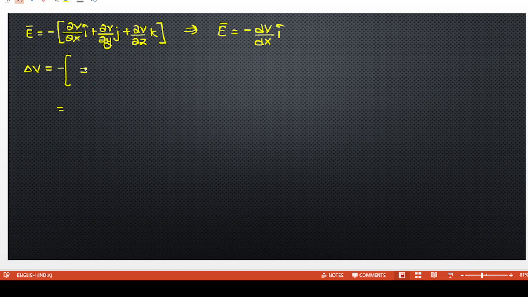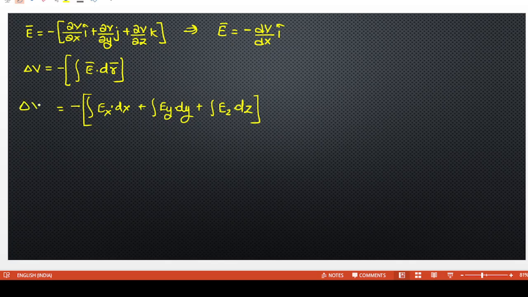You can write this as minus integral of E bar dot dr bar, and then E bar can be replaced as Ex into i, Ey into j, Ez into k, and dr bar can be replaced by dx i plus dy j plus dz k. Then after taking the dot product you get integral Ex dx plus, of course, in the bracket, integral Ey dy plus integral Ez dz. This is what we get for a three-dimensional case.